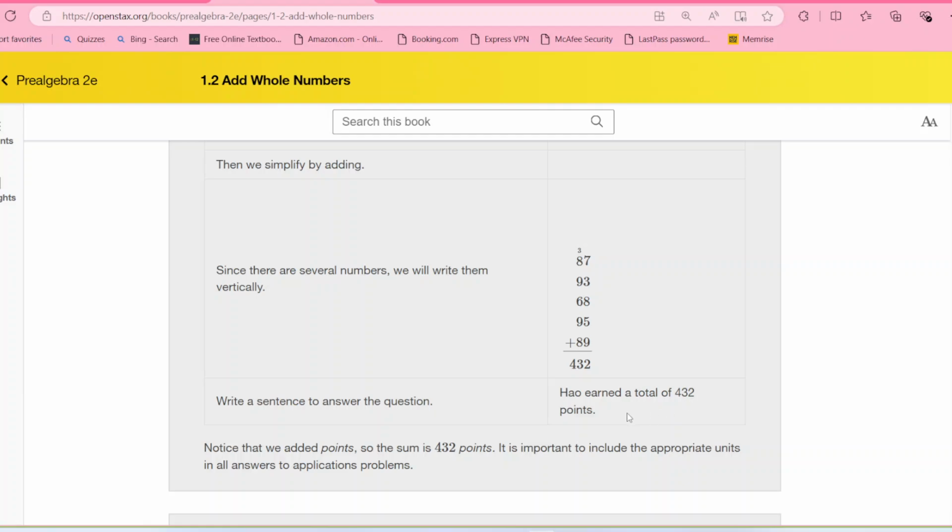Because when you put a name after the number, it gives the number meaning, right? He earned 432 what? He earned 432 points on these tests, right? So adding units is very important when you're answering questions in application problems or word problems because they give the numbers meaning.